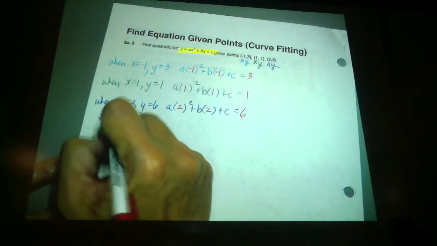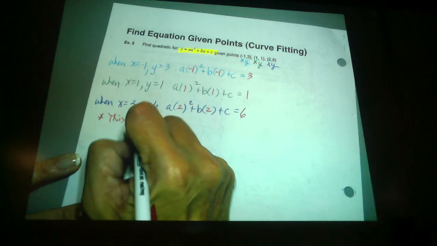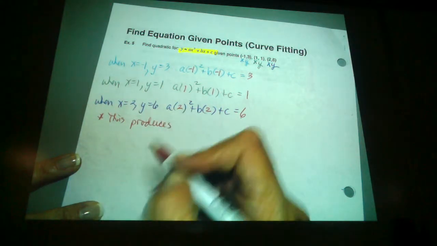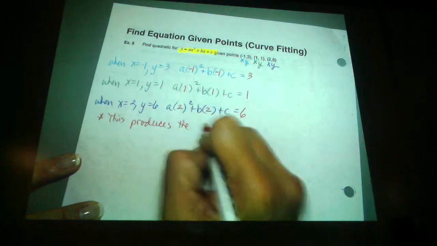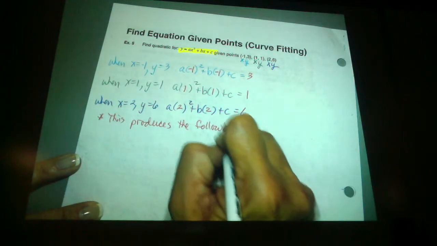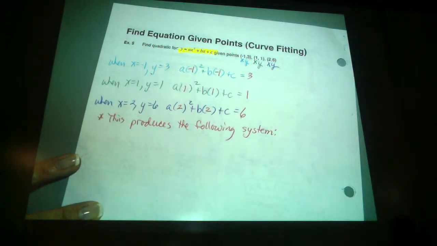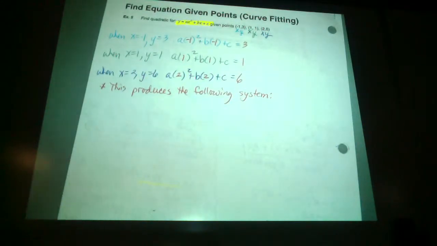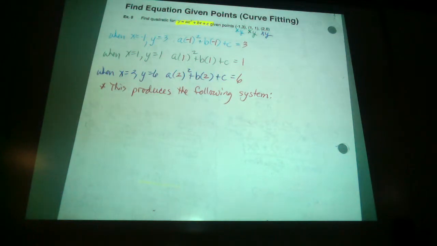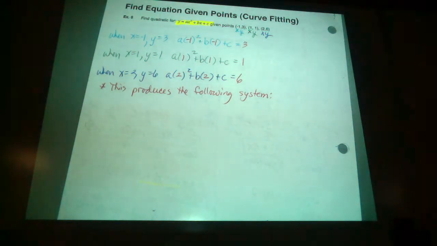So this produces the following system. So we're going to go ahead and square those values and multiply them to the a, the b, and of course the c is going to stay alone.